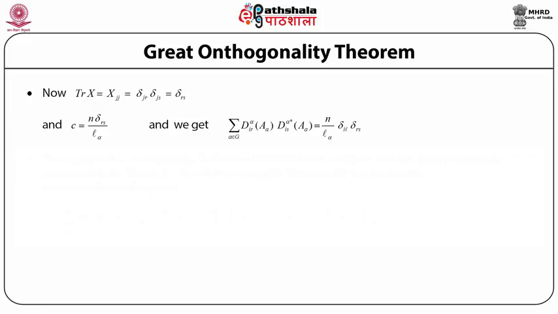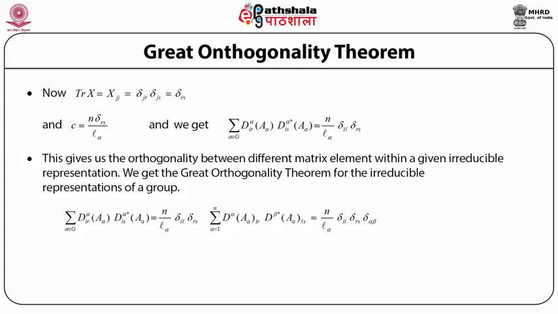We therefore get the summation over all group elements belonging to the group G, the product of the matrix components D alpha ir(A) into D alpha star is(A) is equal to n divided by L alpha delta il delta rs.